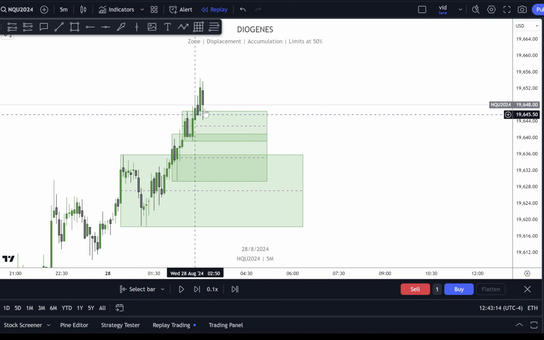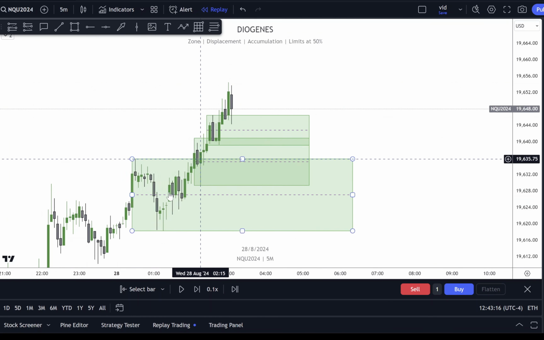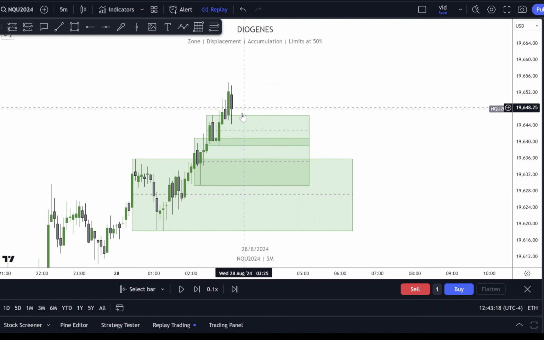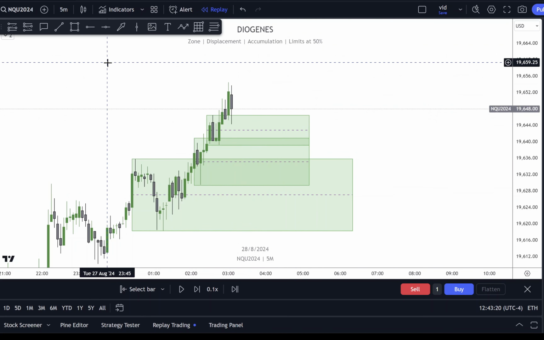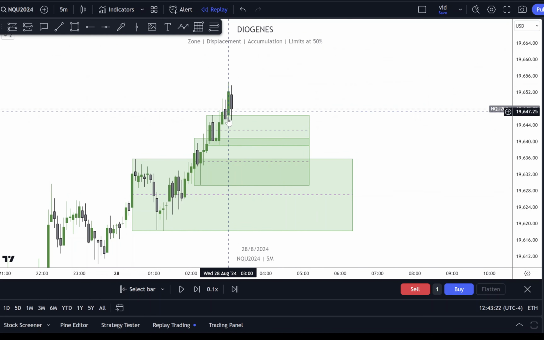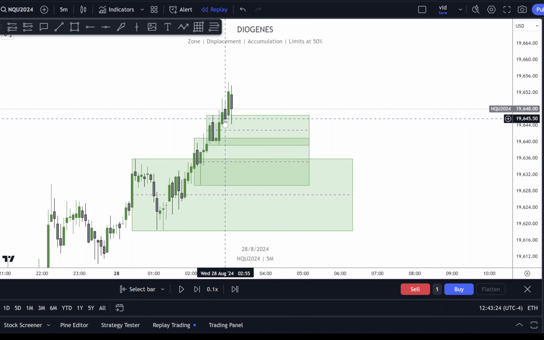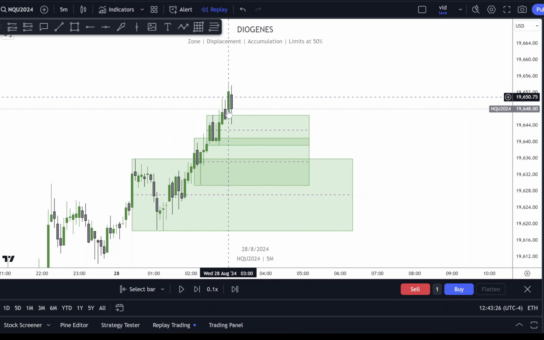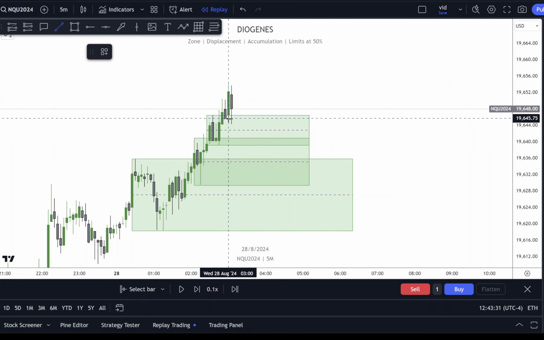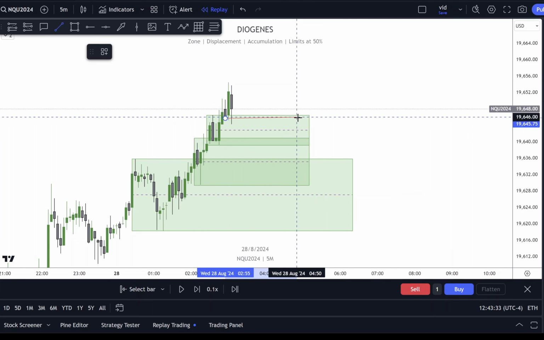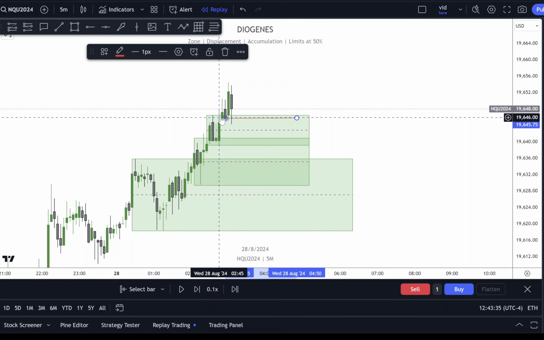So when price will change the state of delivery, and by changing the state of delivery, I mean closing under this last down candle that caused this last high. So the change of state of delivery is nothing but a close under this bearish candle.